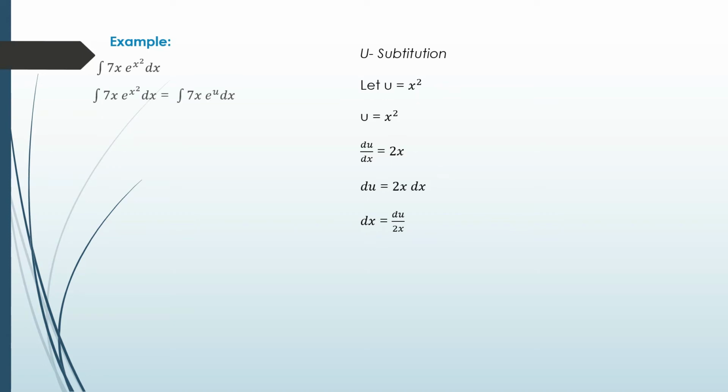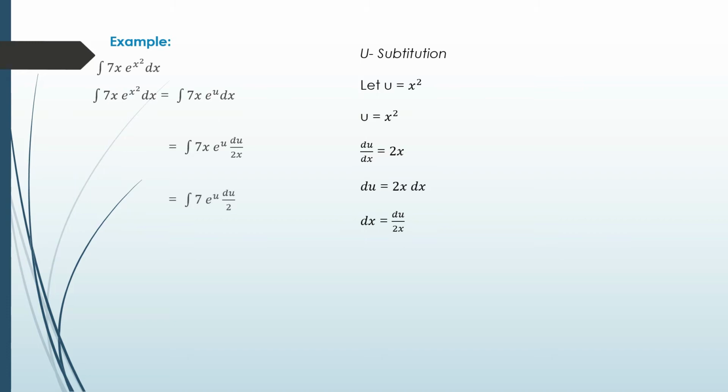The next step, kita perlu gantikan nilai x square dengan u variable dan juga gantikan nilai dx. So kita akan dapat integral 7x times e to the power of u du over 2x. Okay, for the next step, kita boleh tengok yang x variable we can easily simplify it.